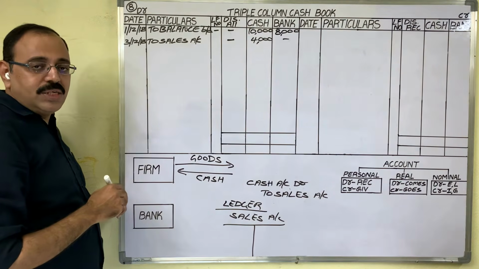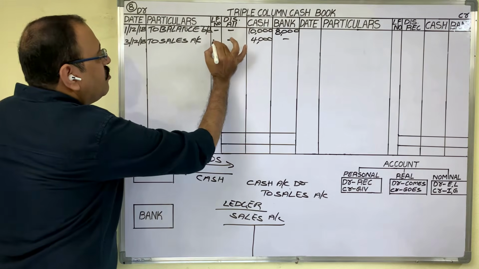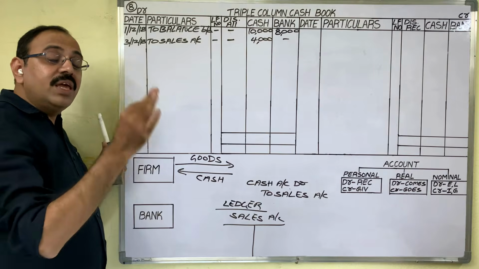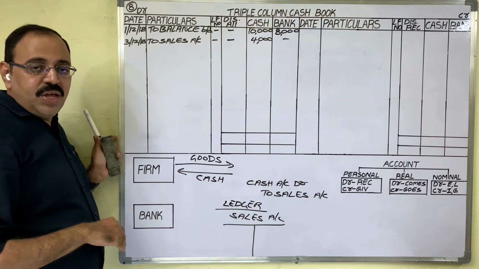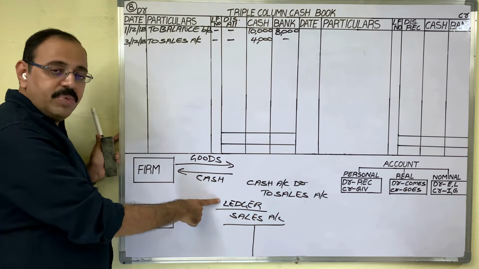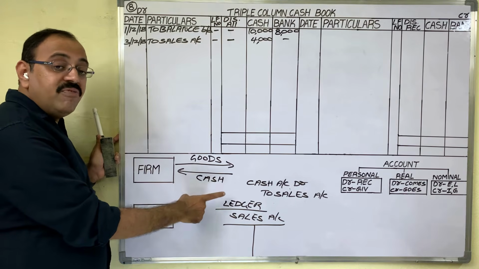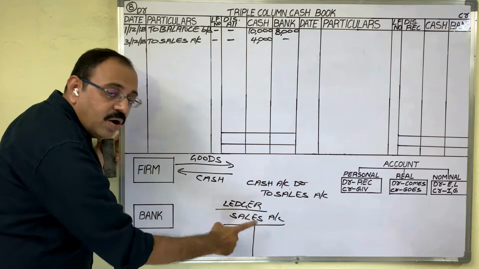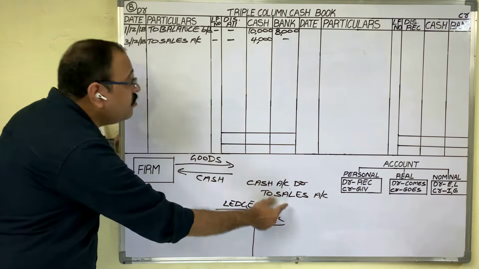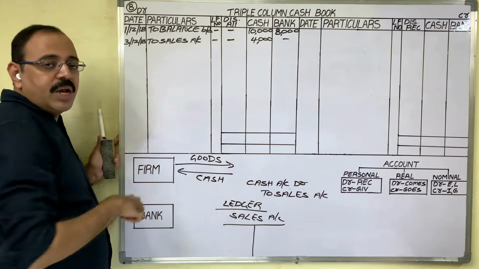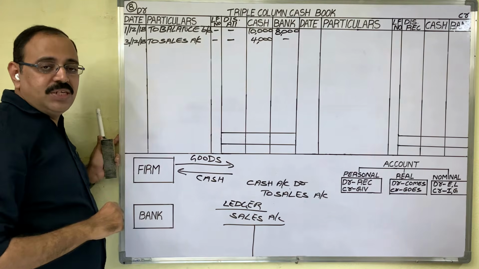As a student, you can leave this LF number column also. But when you are really working in any organization, your ledger book will be there. In the ledger book, the page number which contains this sales account, that page number we have to mention here. Ledger folio number. Folio means page.